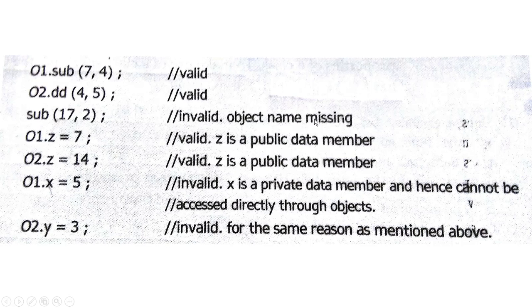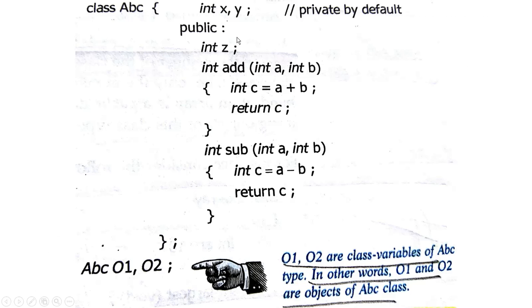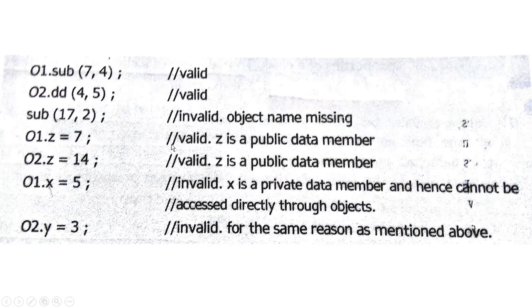Object name is missing. The third one is O1.z, and you can see here that z is a public member, so you can use it because a public member can be accessed by using an object. Here z is also a public member, we can use it using an object, and O2 is an object, therefore it is valid. Now here x, we have used the object name and then dot and then x.